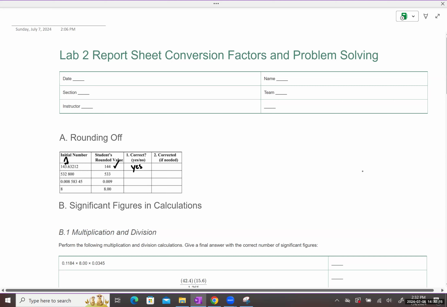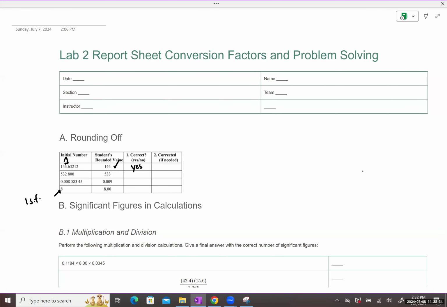Now, let's look at what happens when the student's rounded value is not correct. So let's look at this case of 8. So 8 has one significant figure.